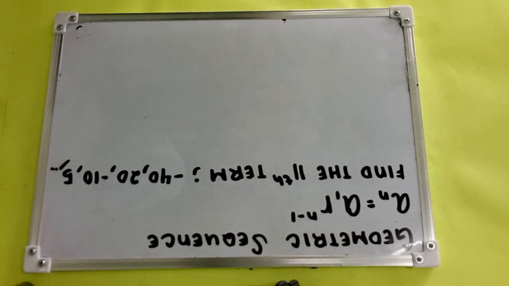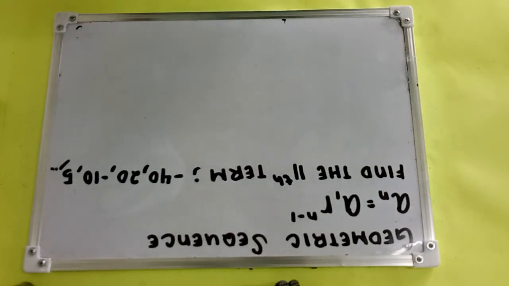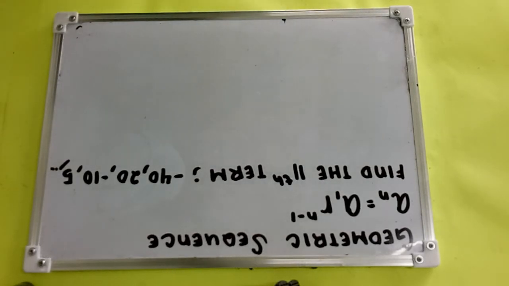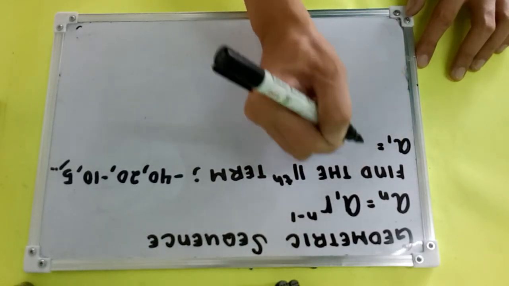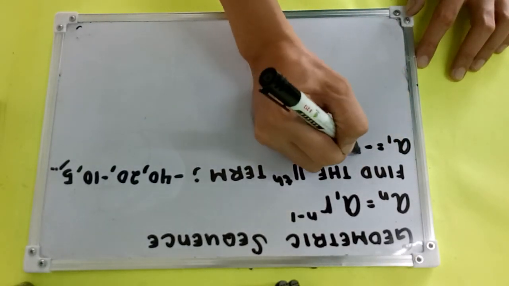So in this example, we have to find the 11th term given the sequence negative 40, 20, negative 10, and 5. So based on the given sequence, we can identify the first term. So our first term is negative 40.